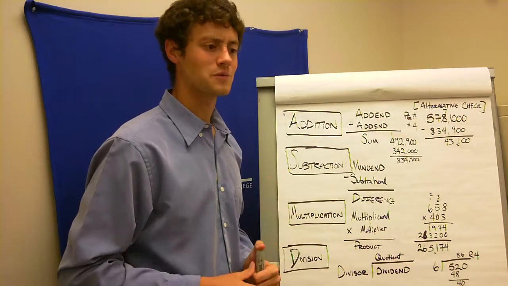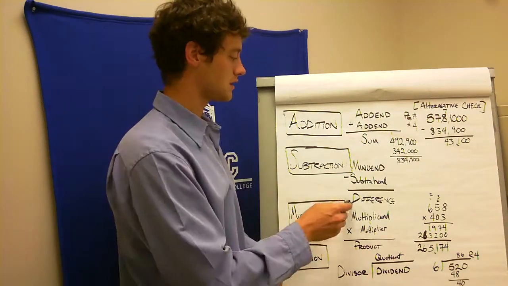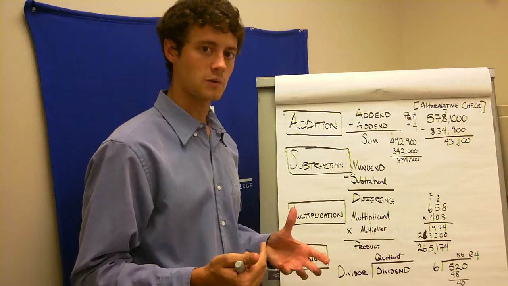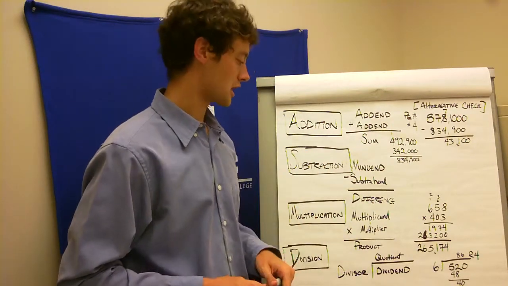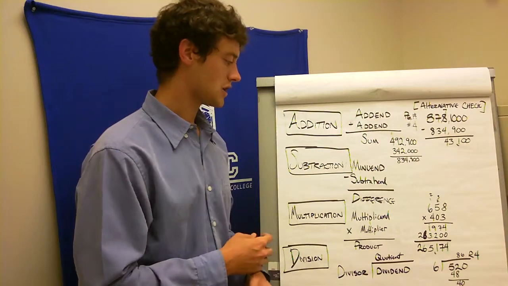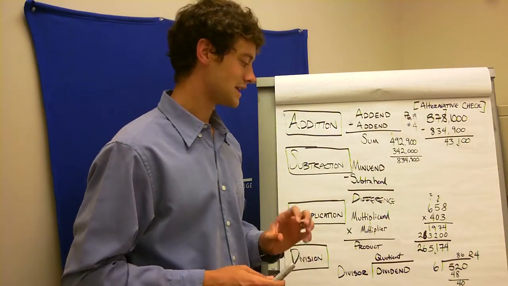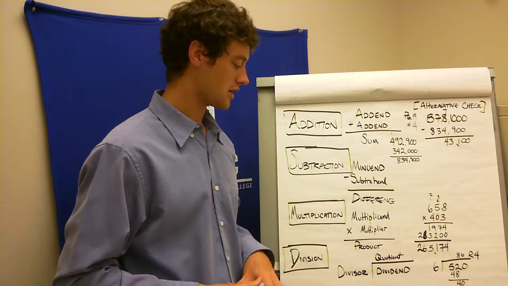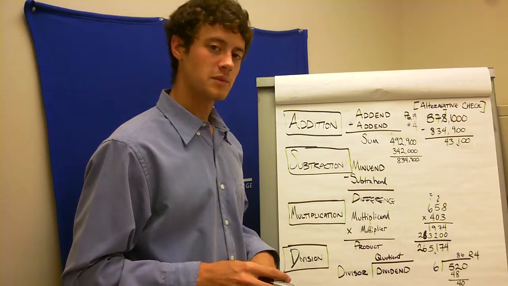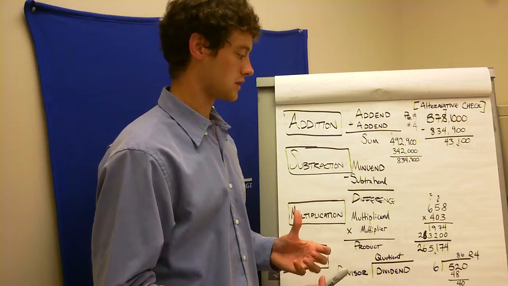Those terms aren't really used frequently, except for difference. So if you hear that word or you see that in a problem, you know you need to implement subtraction. In multiplication, you have the multiplicand and the multiplier to get your product. And then in division, you have your dividend divided by your divisor to get your quotient.